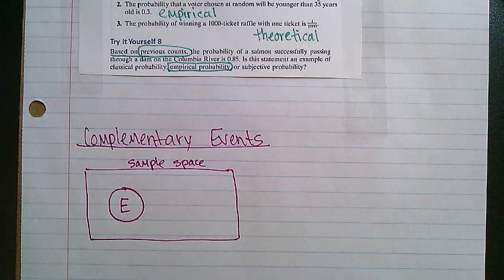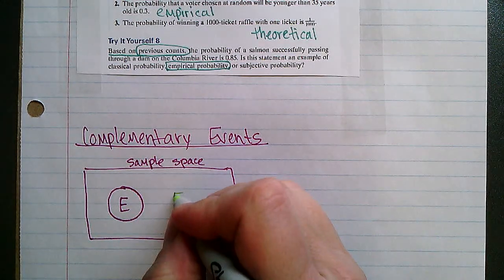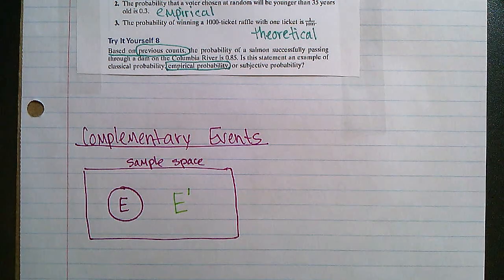I could figure out the probability of event E. When I talk about the complement of event E, the complement of event E is all of the things that are not E. So anything outside of event E would be its complement, and we call that E prime.